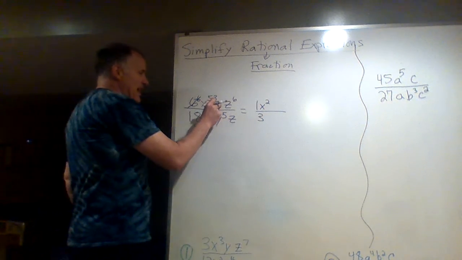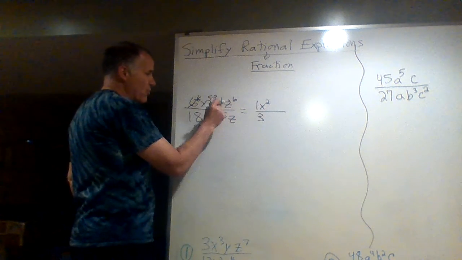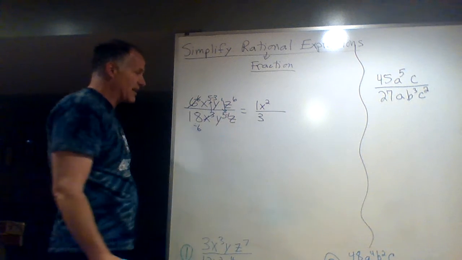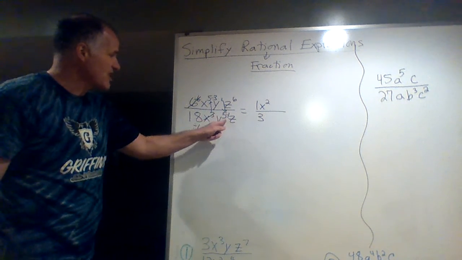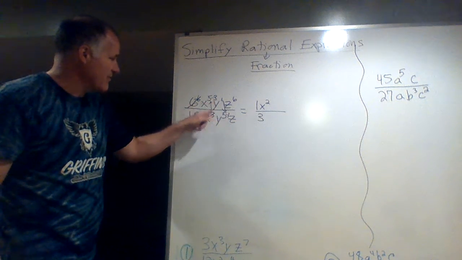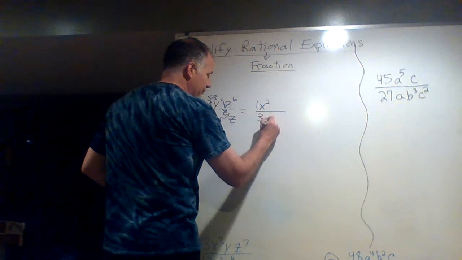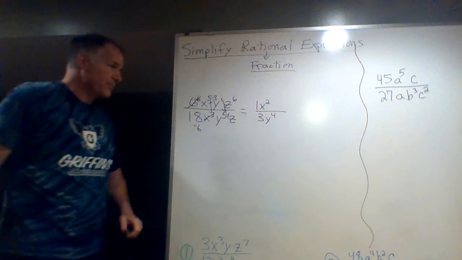Now remember, if I have a y and there's no exponent, I think of it as a 1. So y^1 goes down and subtracts from the y^5. So y^5 minus 1, but look, now that's in the denominator. See how that 5 is in the denominator? So 5 minus 1, which is 4, is going to be in the denominator.